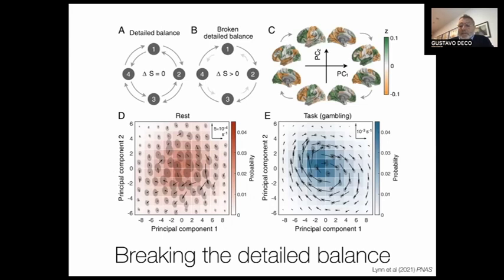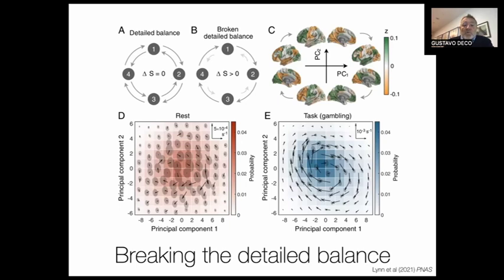There was a paper by Christoph Lin from the lab of Danny Bassett, which was explicitly using this concept that I mentioned very briefly at the beginning, namely that if you have a system, whatever system you can imagine, with interacting, in this case could be the brain or a physical system of interacting spins, if we have causal interactions which are extremely balanced, then the system we know is in equilibrium.